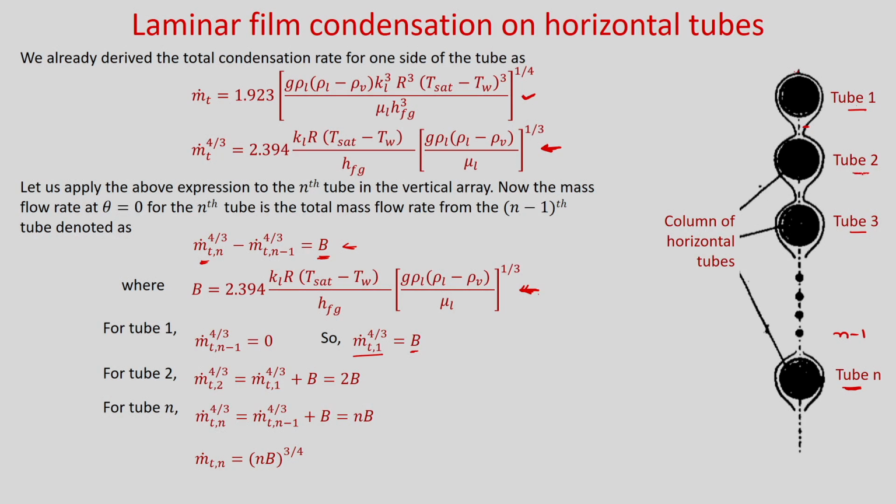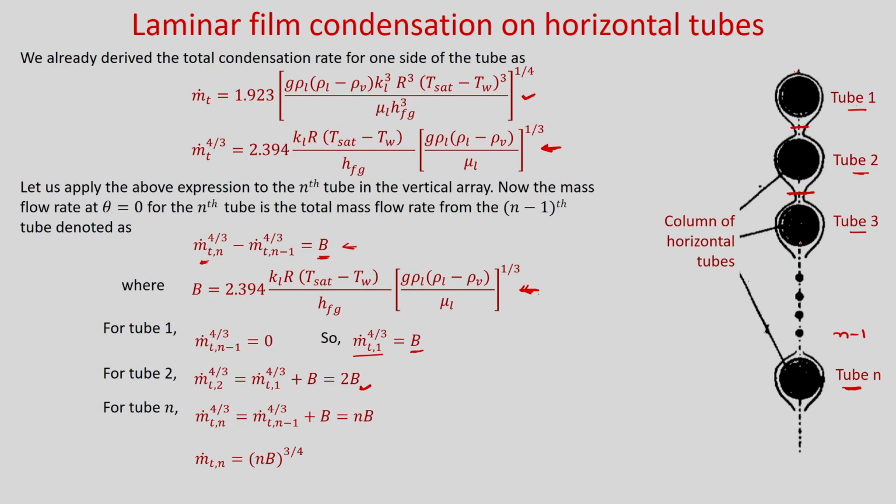Now, if you consider tube 2, m t 2 to the power 4 by 3: whatever mass flow is coming at this place will be b plus whatever mass flow rate came here. So, that is m dot t 1 to the power 4 by 3 plus b, and m t 1 to the power 4 by 3 is equal to b. So, it will be 2b.